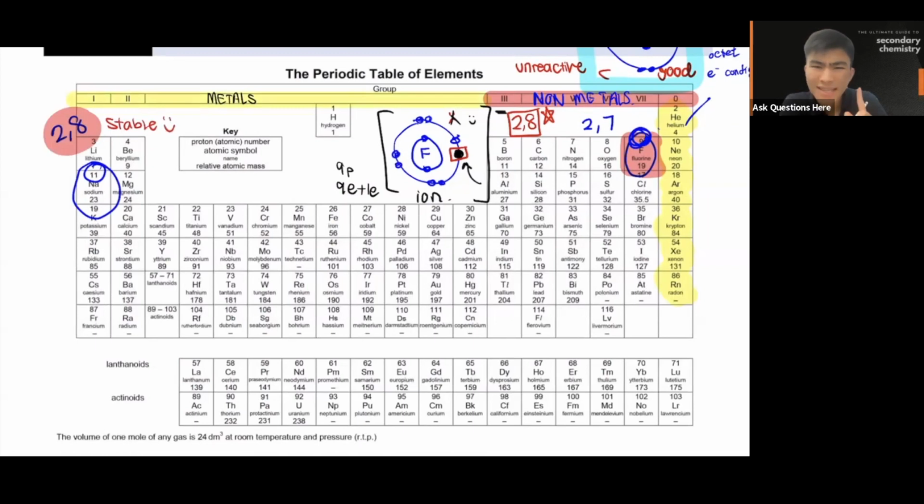But you see, the problem is always when we have a stable ion, the number of protons no longer equals the number of electrons. Because proton got 11 now, but electron got 10 now, right? So now sodium becomes positively charged. Fluorine just now, because it gained 1 electron, becomes negatively charged.